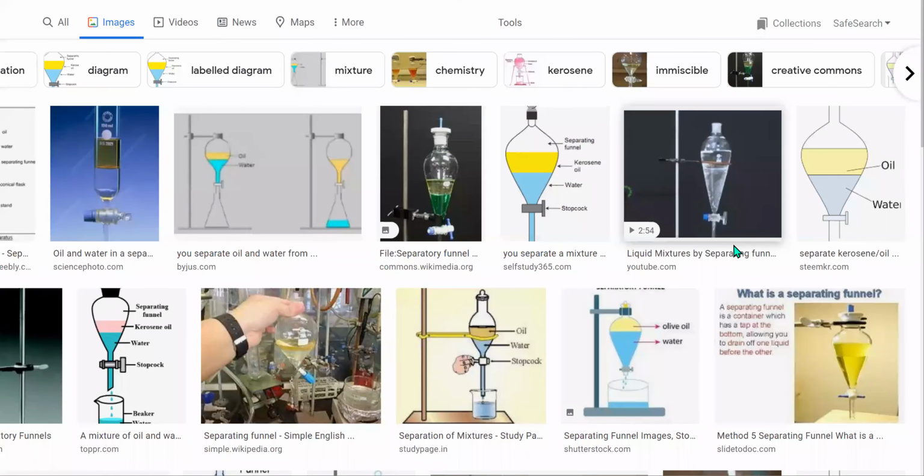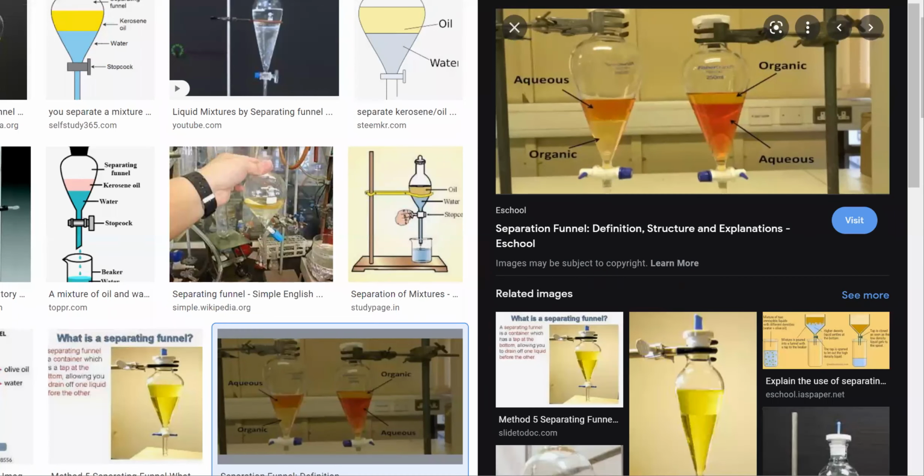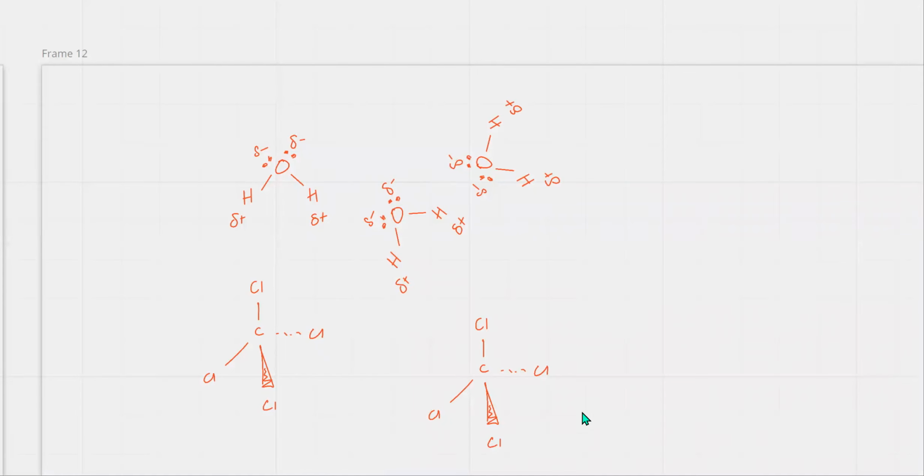Why do they form separate layers? Because all the water molecules, they kind of tend to stick together and they push the oil molecules away. For example, in this case. So that's why they end up forming separate layers, because water is not attracting the CCl4.